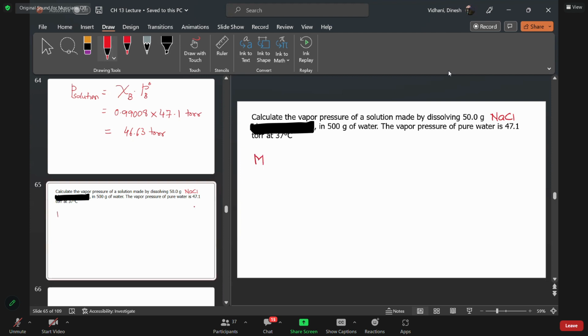So first of all, find moles of sodium chloride. Can you find it for me? You have 50.0 grams multiplied by 1 mole divided by the molar mass. What's the molar mass of sodium chloride? I got the moles. The molar mass is 62 something.